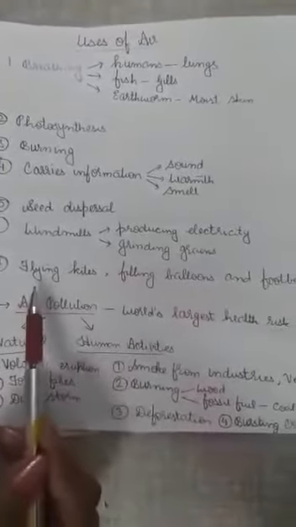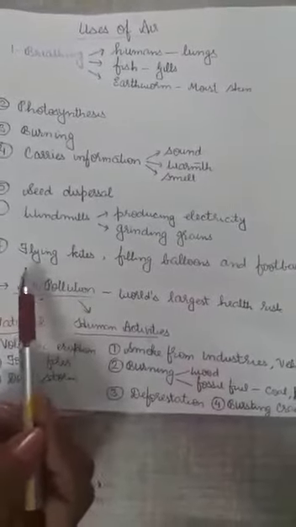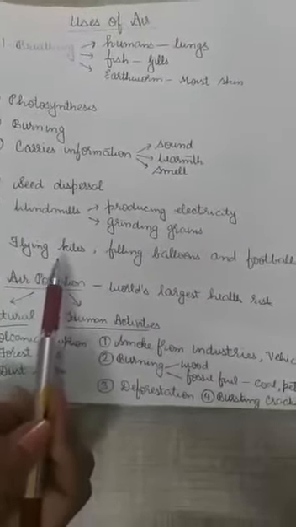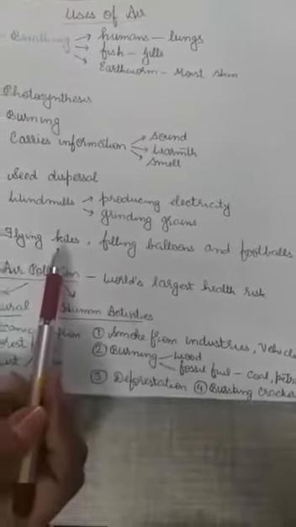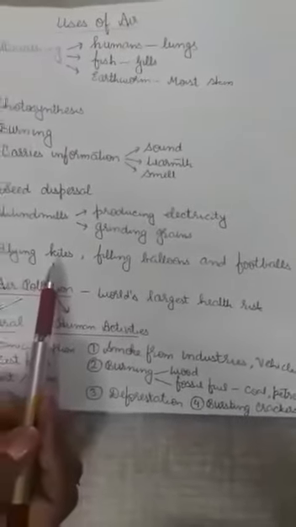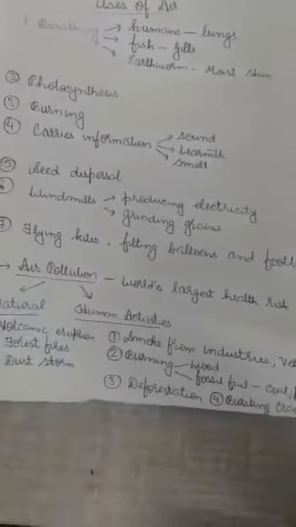Apart from all this, sports like kite flying also require air. If there is no air, you will not be able to fly kites. And for filling up balloons and footballs, we require air. If air were not there, you wouldn't be able to play football.